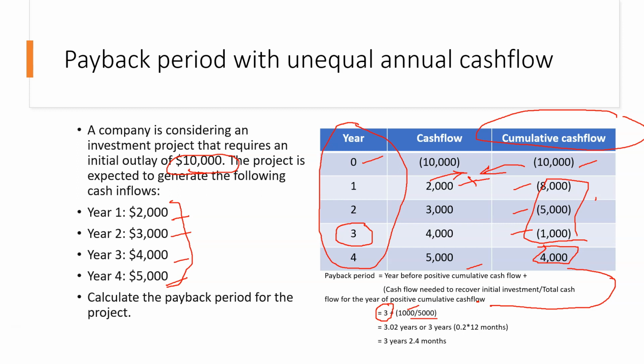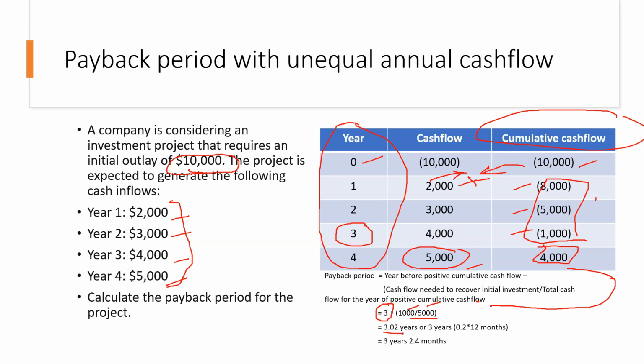And then you have to check how much total cash flow you get in the year when your cumulative cash flow becomes positive. That is 5,000. By dividing 1,000 by 5,000, you get 0.2.